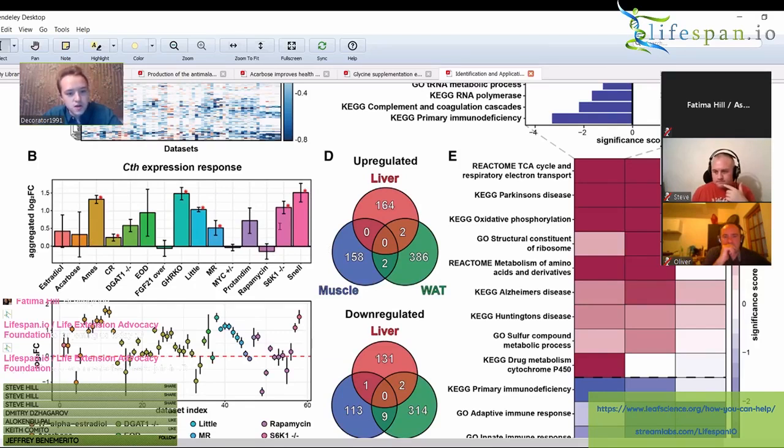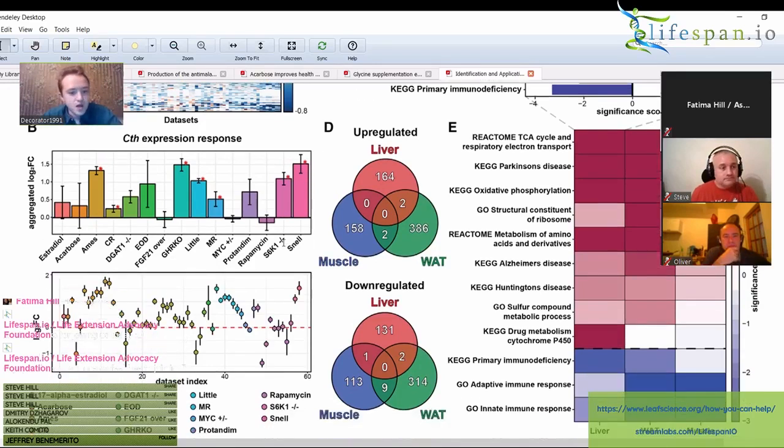It's shown first aggregated within each intervention. So for example, we take all data sets corresponding to caloric restriction, and we aggregate them together, and look if the gene is upregulated robustly across different data sets. And we did it independently for each intervention, and this figure shows for each intervention how these genes react.